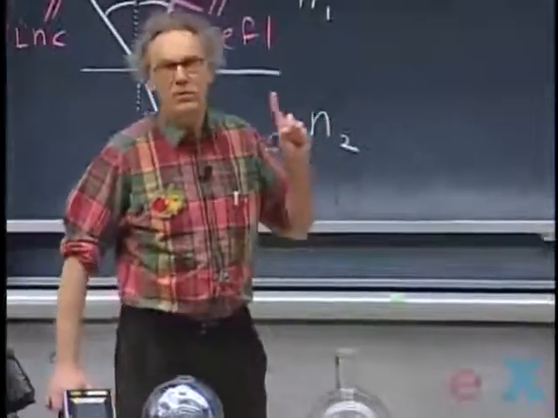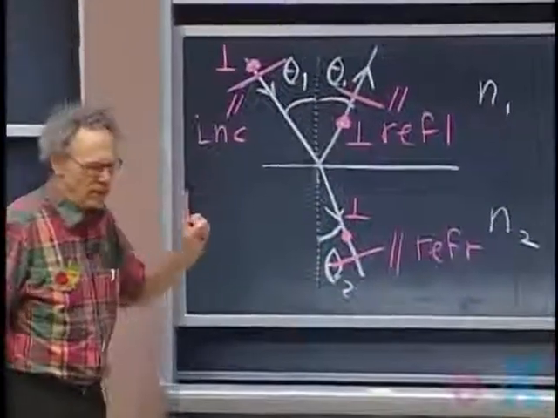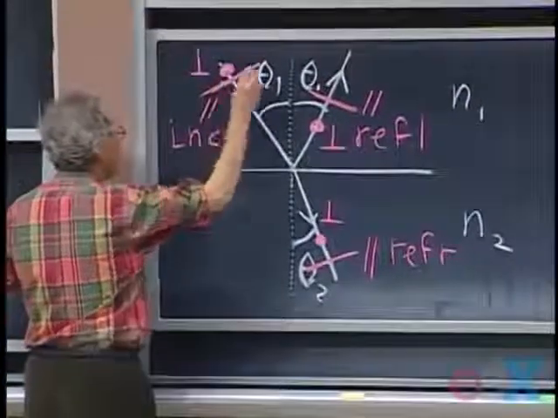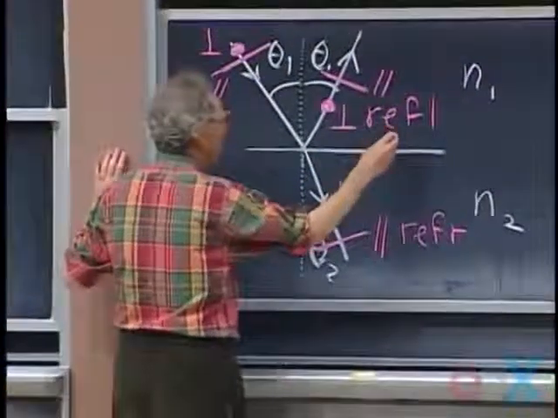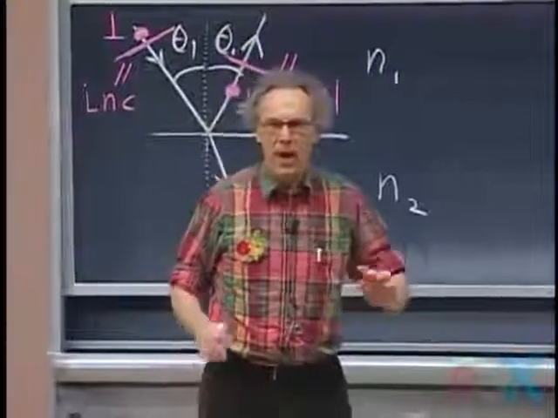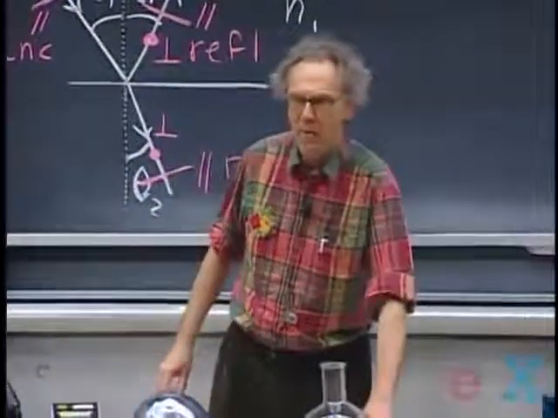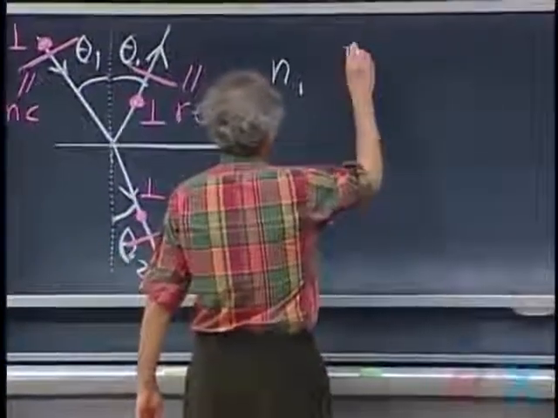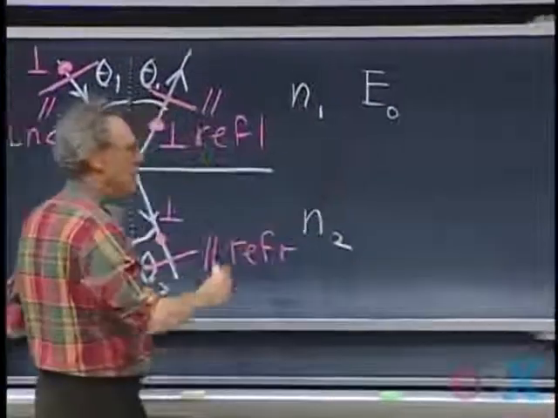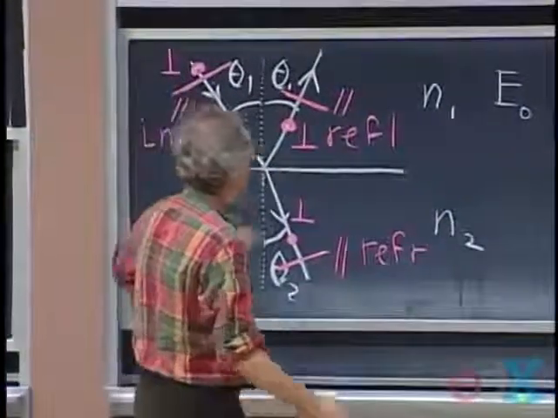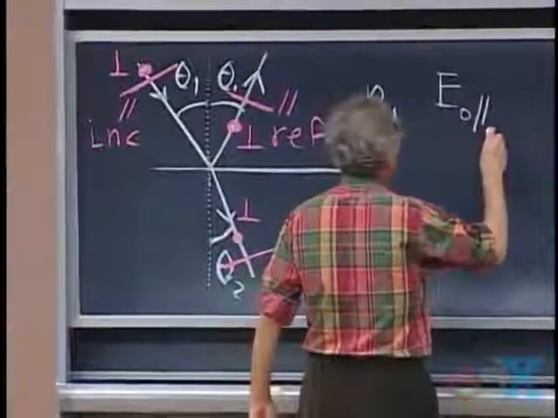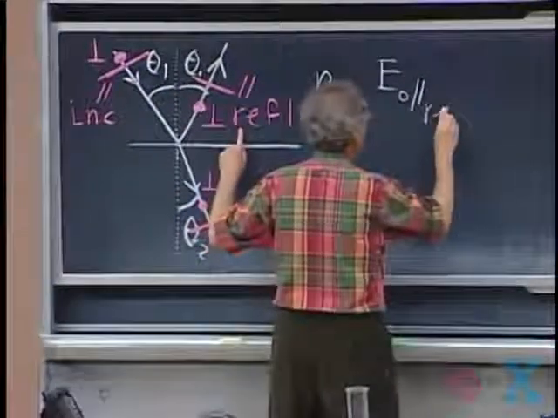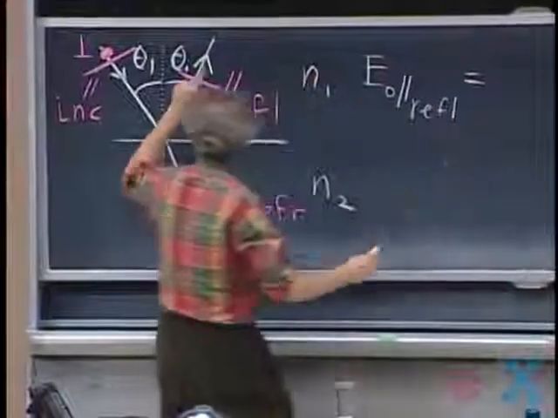I will only give you the relation, one of those four equations. I will only address today the parallel component of the incident beam and the parallel component of the reflected beam. And I don't imagine that any one of you will try to remember that equation. I don't either. I have to look it up every time that I deal with this. So E0, which always represents the maximum possible value of the electric field, of the parallel component of the reflected beam, that's the one that I'm after.